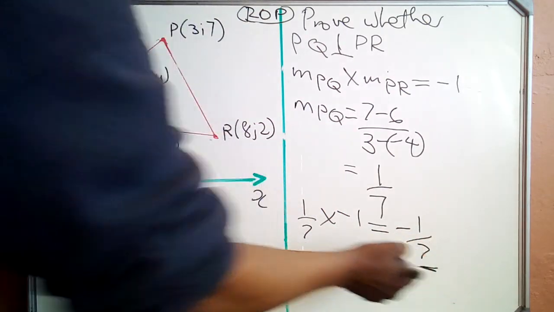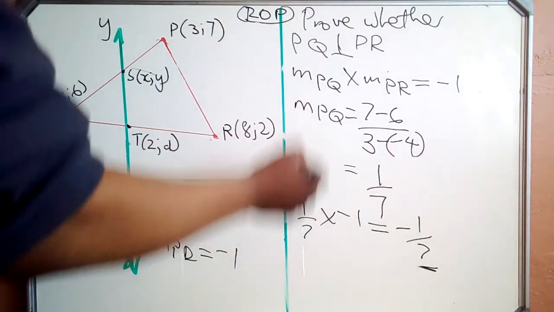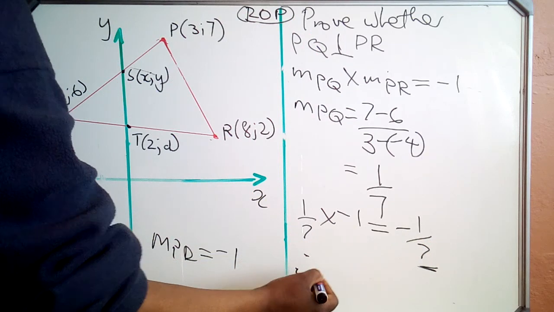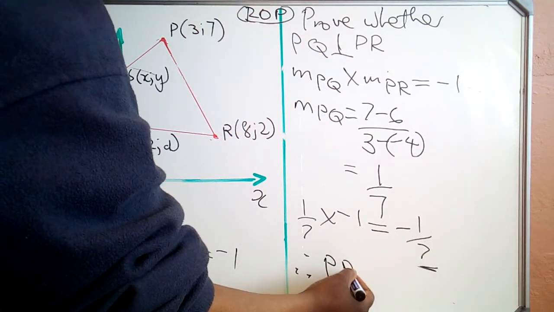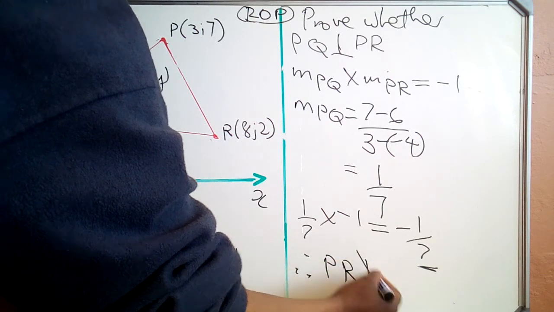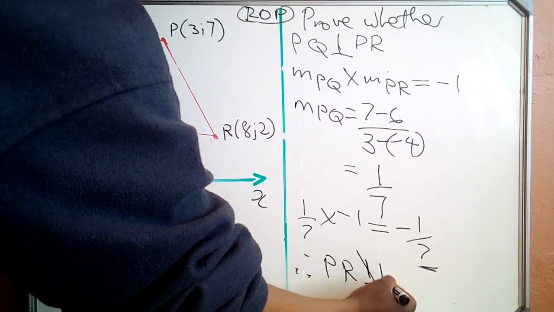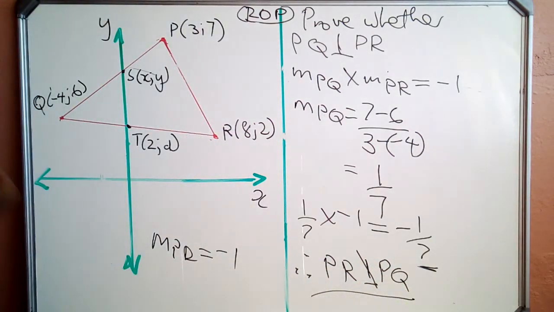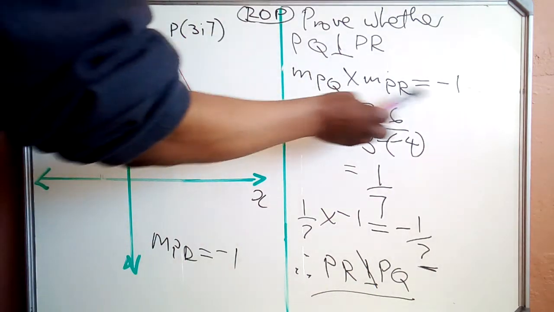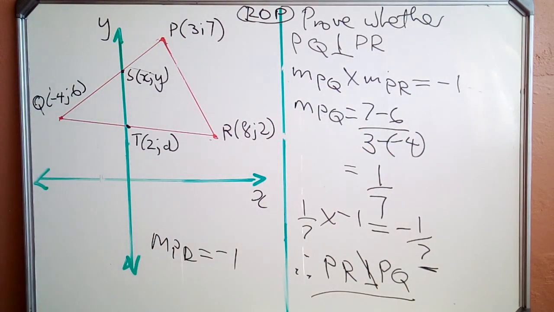So we know that therefore PR is not perpendicular to PQ. It is not perpendicular to PQ because the product of the gradients does not give us a negative 1.